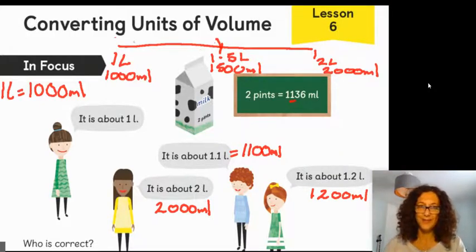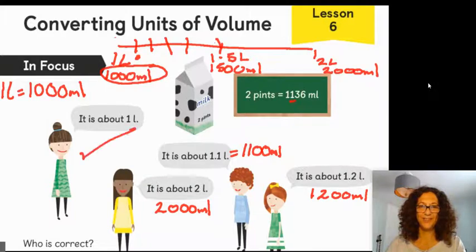You're correct. Because then we could say that this could be 1,100, 1,200, 1,300, 1,400, 1,500. Now, 1,136 is going to be approximately about here, isn't it? So it's going to round down to 1,000 millilitres or 1 litre. So who is correct? Well done.